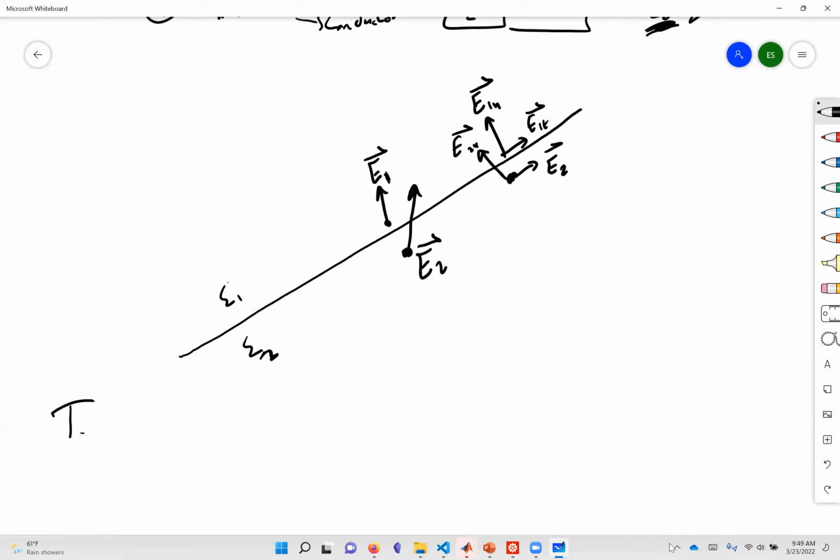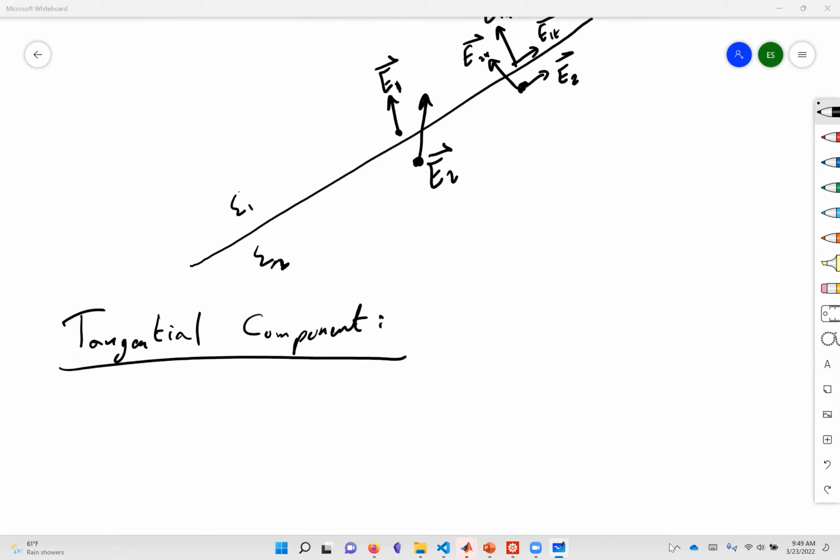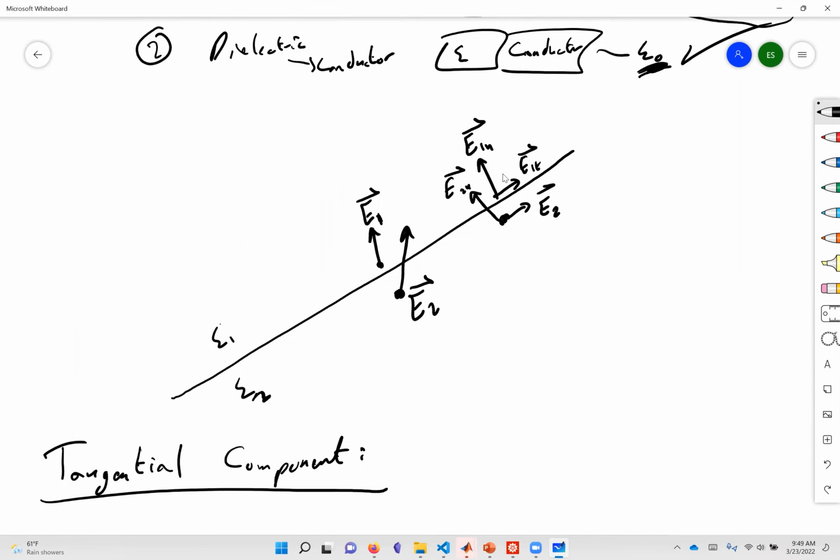The subscripts are E2T and E2N here, and this is E1T, E1N.